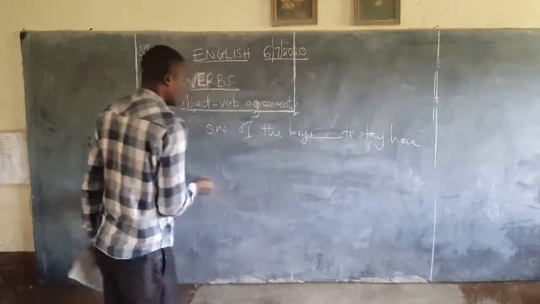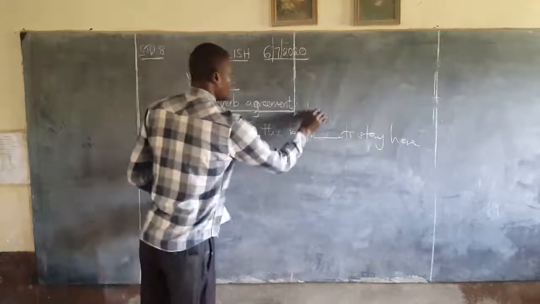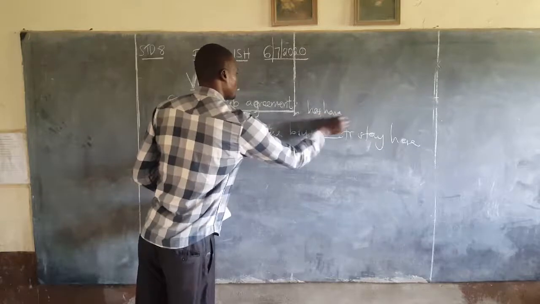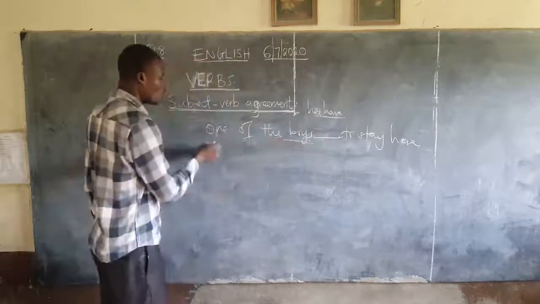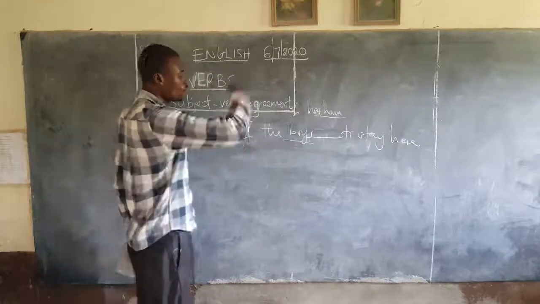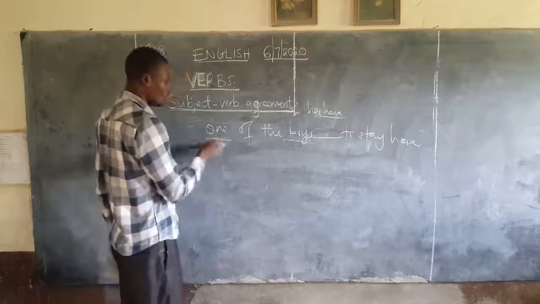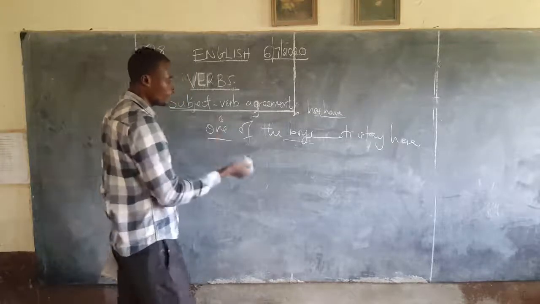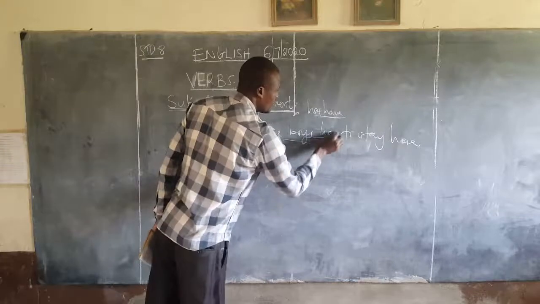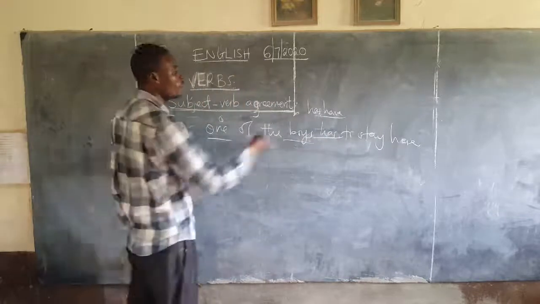So what do we say? One of the boys, we say has to stay or have, because of boys. So one of, this is just one out of many. So we refer to one person only. They say one of the boys has to stay here. Don't say one of the boys have.